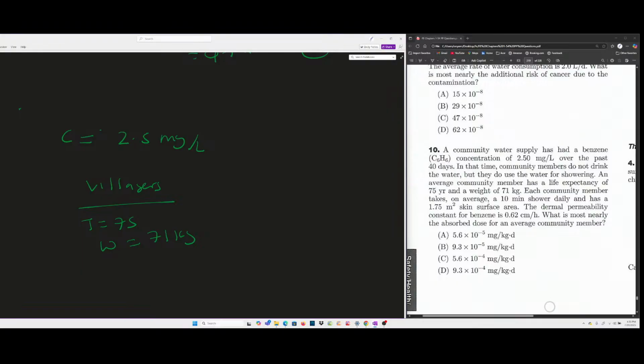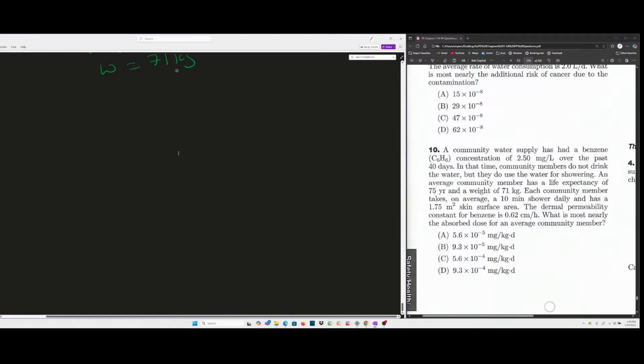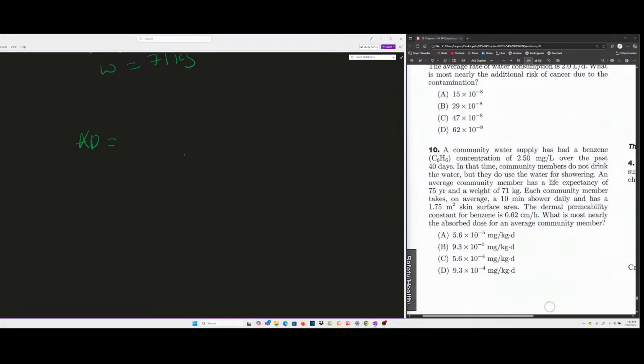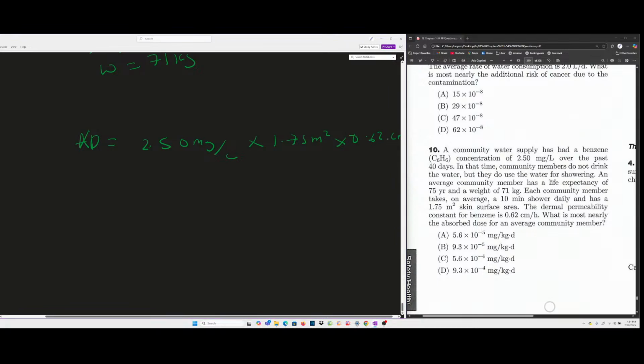So we're looking for the CDI, the absorbed dosage. It's exactly the same stuff that we do. We multiply everything, divided by the villagers' information. So we have 2.50 milligrams per liter multiplied by the 1.75 square meter area, multiplied by 0.62 centimeters per hour.